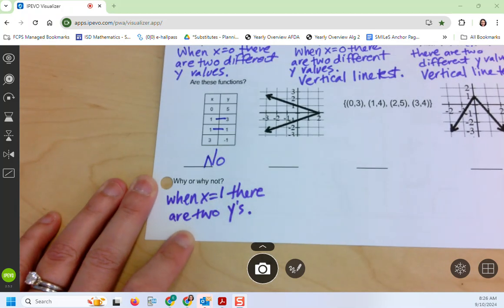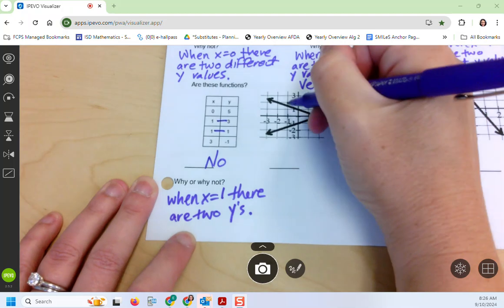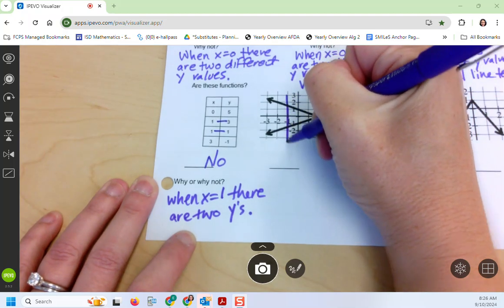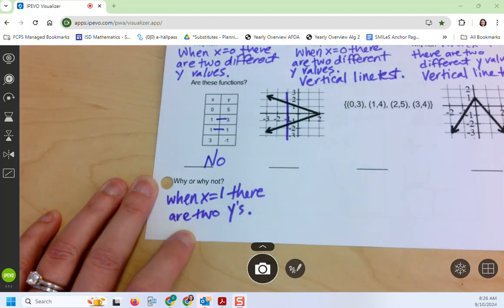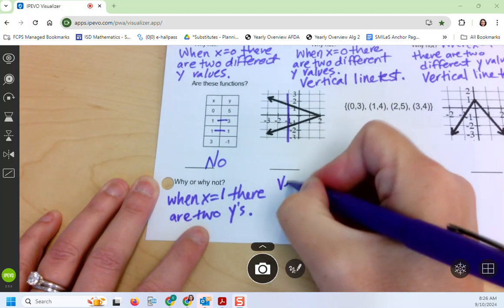Questions on that one? All right, next one, yes or no? No, very good. Now, you could have chosen a value like when x equals -1, there are 2 y's. You could write that out. Or you can simply write vertical line test.